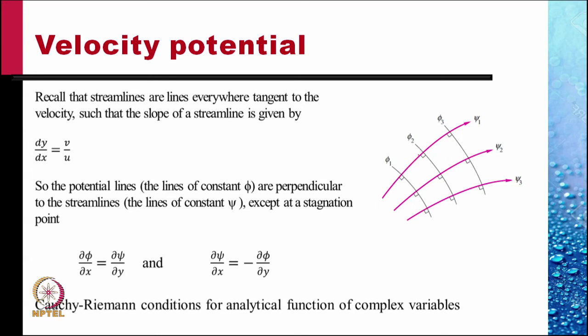This property of the potential and the stream function, which is given the name complex potential, is exploited in finding out the solutions of the Laplace equation. We will not do this here in this elementary course.